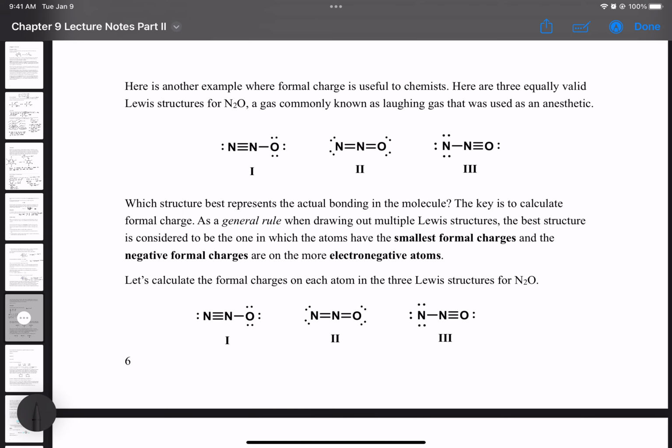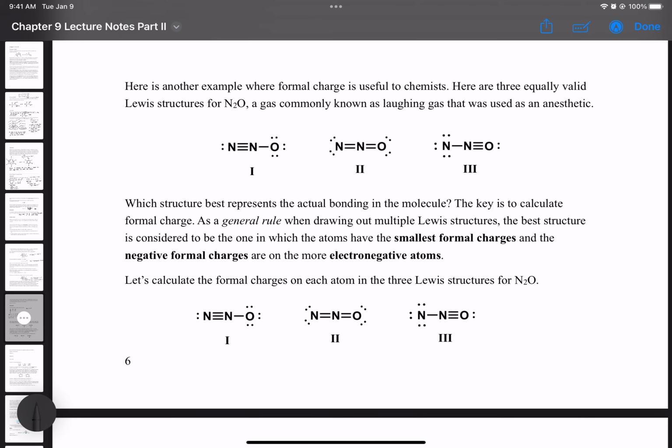Right. Okay. So which structure is actually the best? So the key is to calculate formal charge. As a general rule, when we draw out multiple Lewis structures, the best structure is considered to be the one which has the smallest formal charges possible.